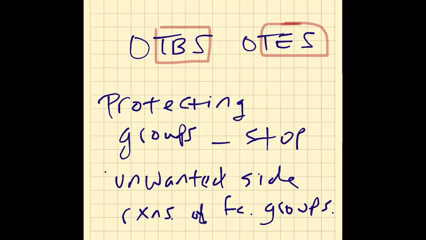So if we got functional groups that we don't want to react, then we use some type of protecting group on them. All right.